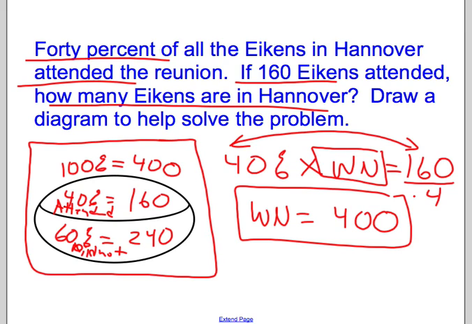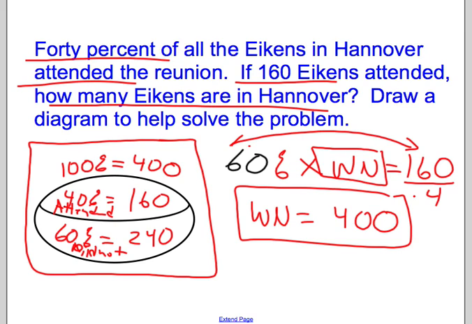Wait, so then why wouldn't you take the 60%, like, so you have the 40%, why wouldn't it be the 60% like it was last time in our equation? Okay, we'll discuss this again here. If I put 60% here, does the 60%, Laney, represent the same item as what 160 is? 160 was what?